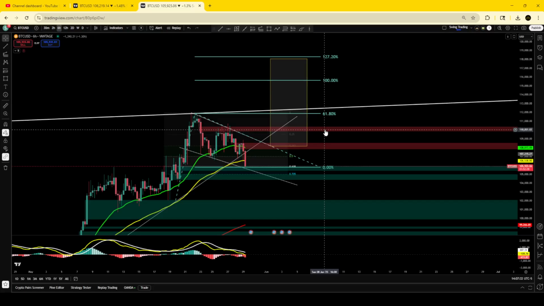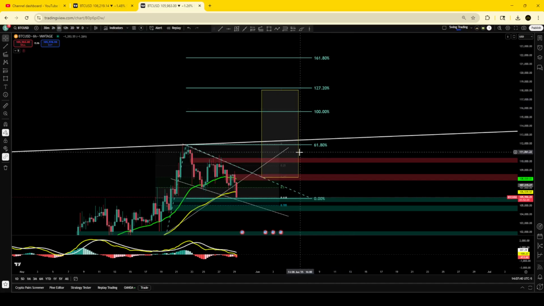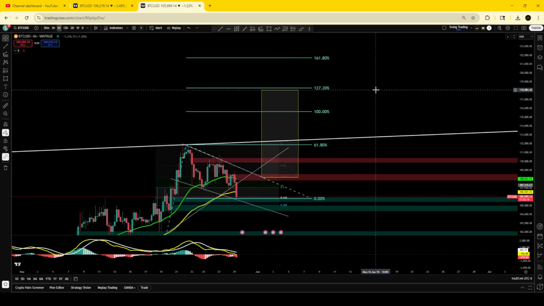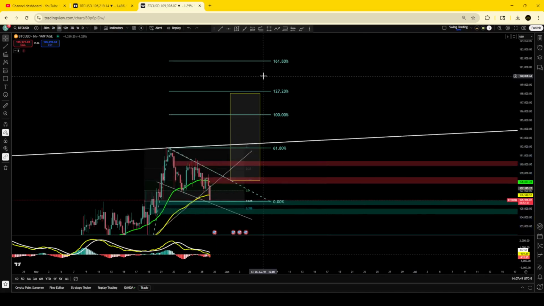And this basically is showing where you can put your take profits. And as you see, a take profit is basically on point to this 127. So yeah, that is how I trade.